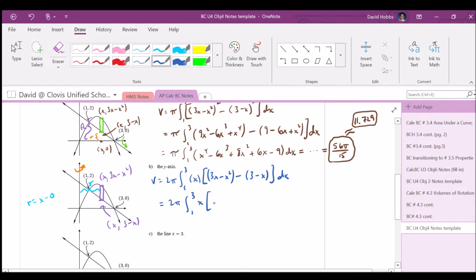And let's see, I'd have negative x squared. I have 3x minus a negative x, so plus 4x, minus 3. You would want to go ahead and distribute the negative. Negative x cubed plus 4x squared minus 3x with respect to x.